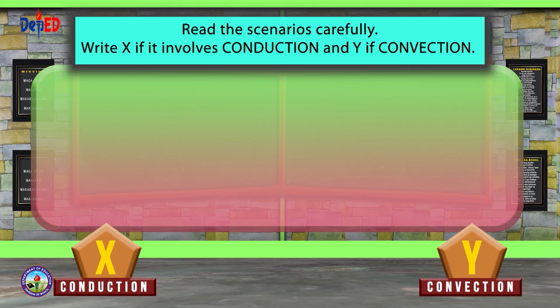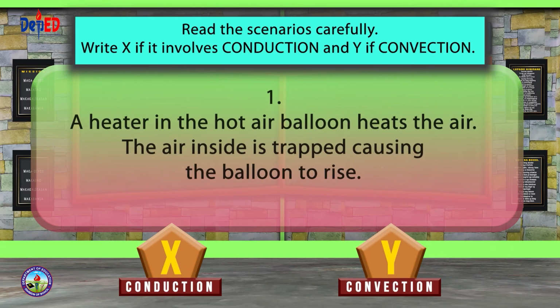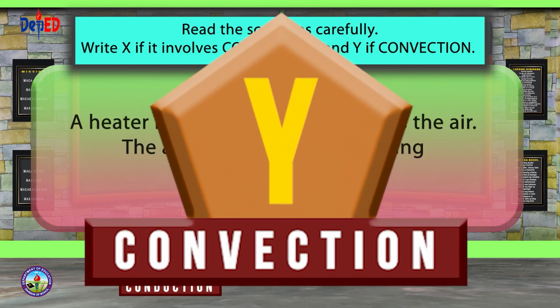Okay. Number 1. A heater in the hot air balloon heats the air. The air inside is trapped, causing the balloon to rise. What's the answer? Yes, convection. Very good.